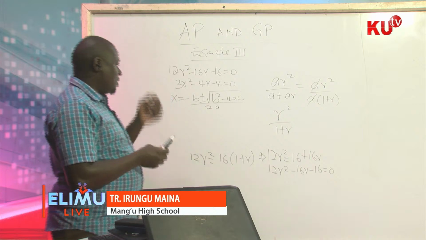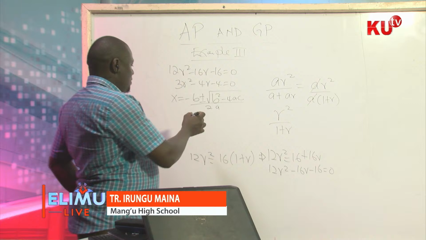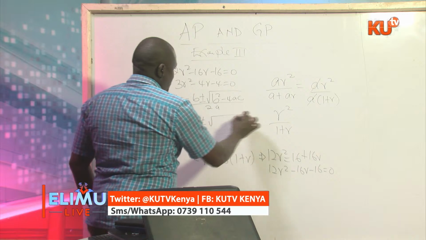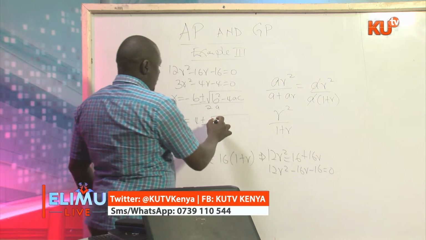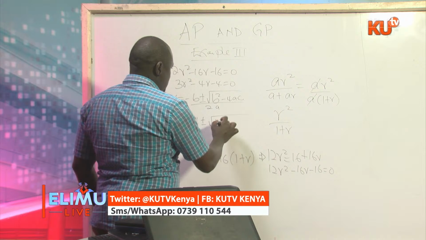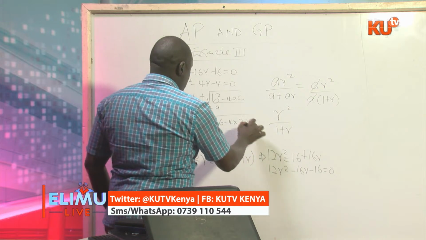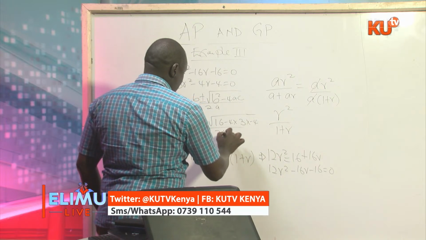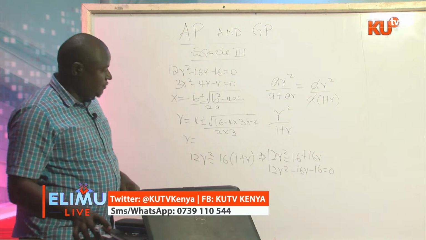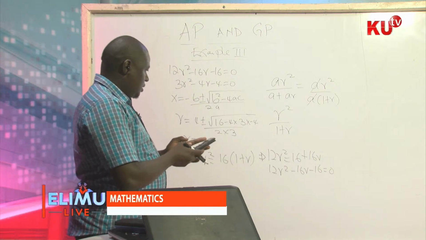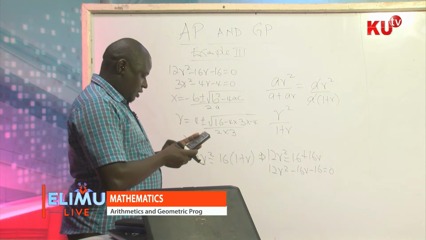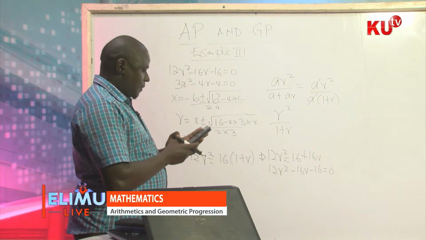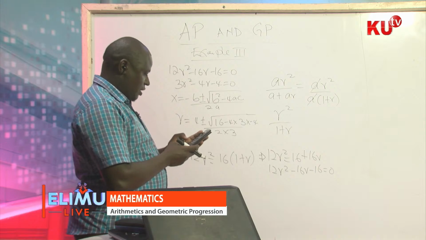If you work out the value, our r shall be 4 plus or minus square root of b squared, that is 16, minus 4 times 3 times negative 4, divided by 2 times 3. That is 16 plus 48, which is 64, and the square root is 8.